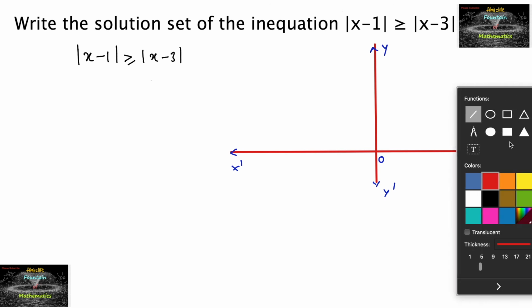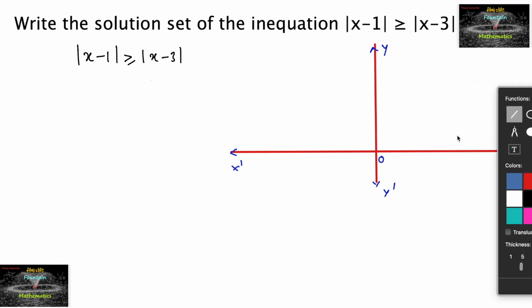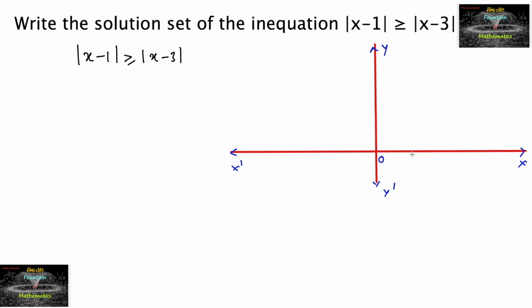So let me take another graph. Mod of x minus 1 means at x equal to 1 you will get 0, and the graph can be taken. So this is how the graph will be, mod of x minus 1.